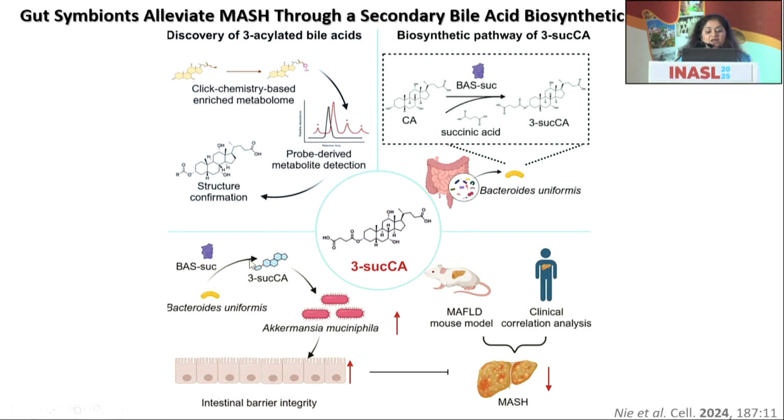The bacteria and the bile acid are depleted in humans with MASH. When artificially replaced by either colonizing by the bacteria or providing the substrate, they lead to a healthy microbiome and restoration of akkermansia and a mitigation of MASH. Very nice mechanistic study linking a bacterial metabolite to MASH pathogenesis.